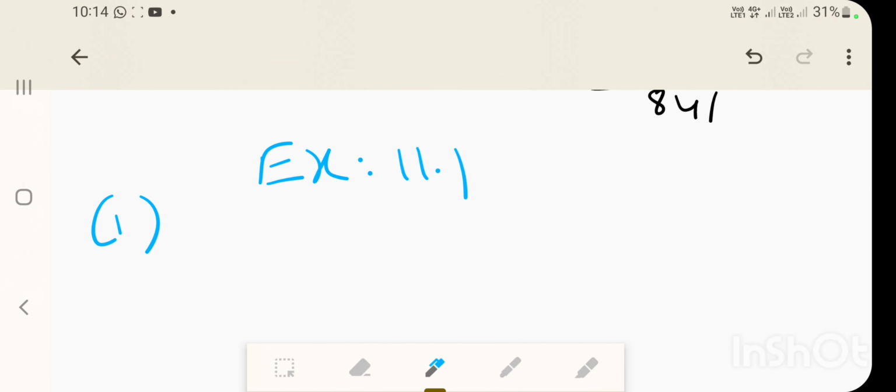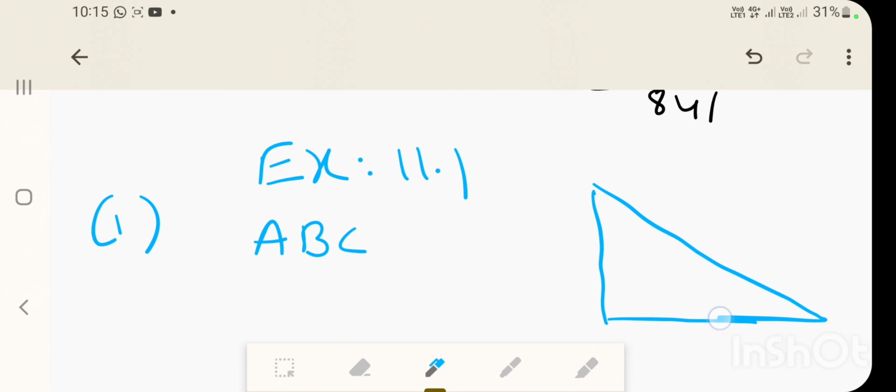They have given a right angle triangle ABC, and they have given the lengths of all the three sides, and they are asking to find sin A, cos A, tan A. You can take it as A, B, C. The right angle is at angle B, 90 degrees.